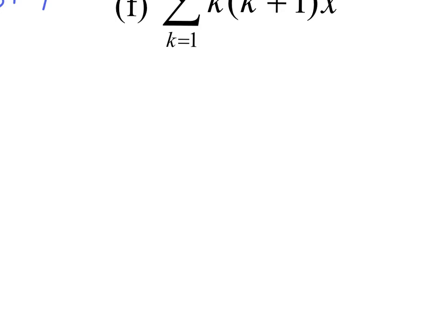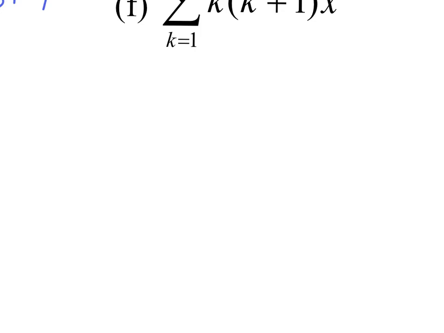So I'm going to plug in a 1 there, and when I simplify that, I get 1 times 2x, and that's 2x. I just happen to have x in my answer. So when I plug in a 2, I have 2 times 2 plus 1x, and that gives me 6x.